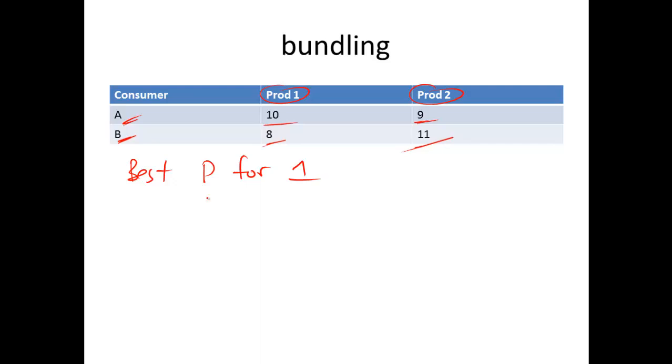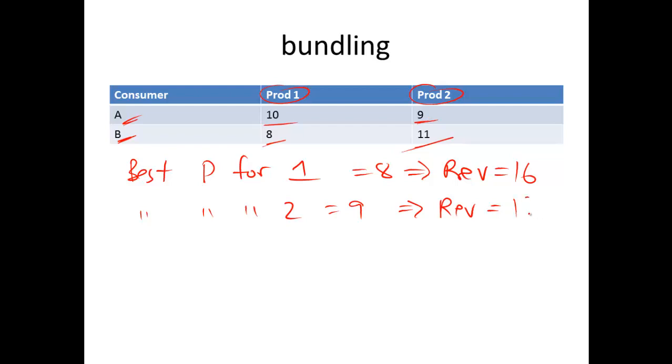So by that logic, the best price for 1, when sold separately, equals 8, and that gives us revenue equal to 16 for product 1. We can do the same exercise for product 2, and we'll find that the best price for 2 is 9, and that gives us revenue of 18, because then both buy, we get 2 times 9, or 18.